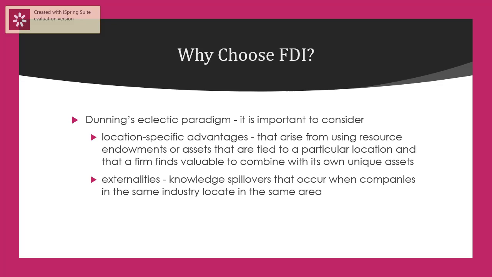So, what we can learn from Dunning's eclectic paradigm is that the company needs to understand if the ownership is going to be affected, or copyrights are going to be violated, so the company may prefer going for FDI. The second one is location specific advantages.